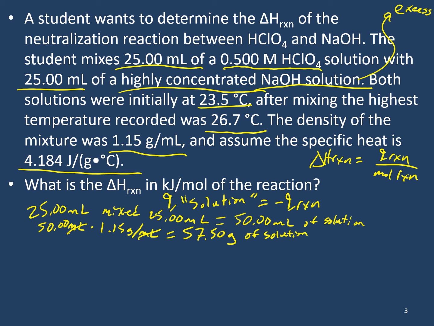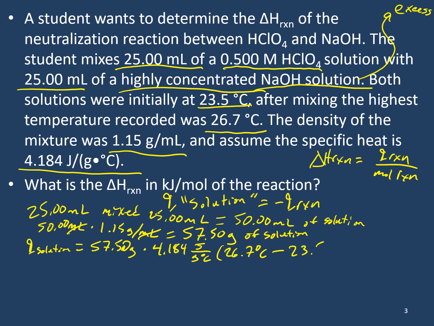Now I know that Q of my solution or mixture, whatever you want to call it, is equal to 57.50 grams times 4.184 joules per gram Celsius times delta T. 26.7 degrees Celsius was my final temperature.